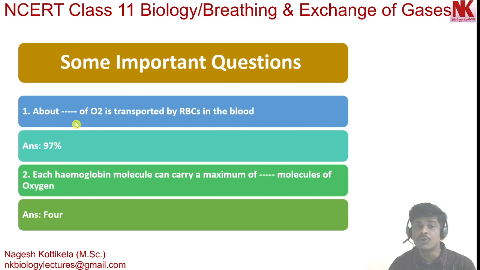So about 97% of oxygen is transported by RBCs in the blood. Next question. Each hemoglobin molecule can carry a maximum of dash molecules of oxygen. Answer is 4. That is, each hemoglobin molecule can carry a maximum of 4 molecules of oxygen.